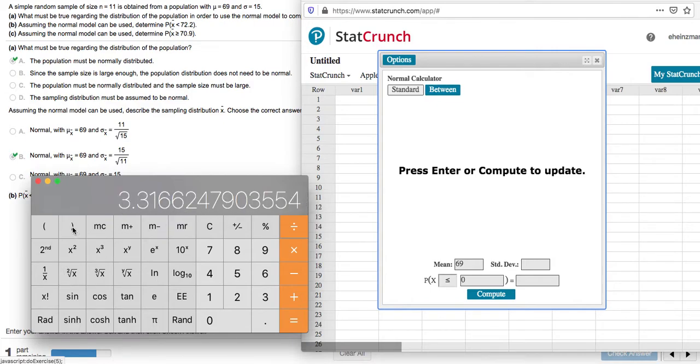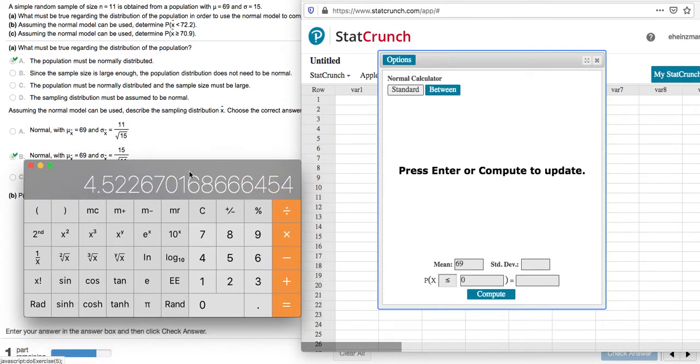And if I close the parentheses, it'll divide this number into 15 if I hit equals. And here it is. The standard deviation is 4.52267. Maybe just to be careful, I'm going to go out 6 decimal places. So that is 4.52267.